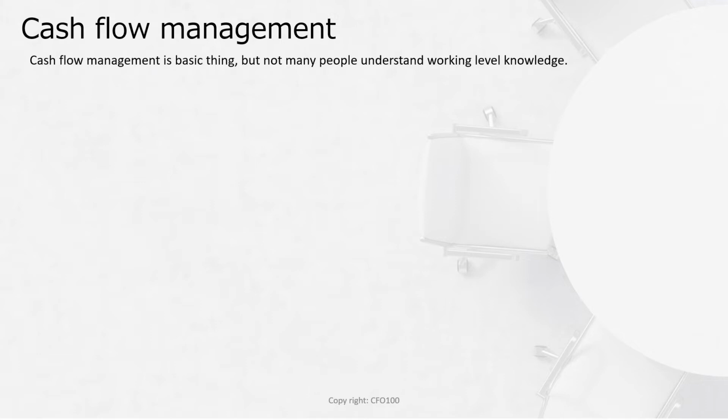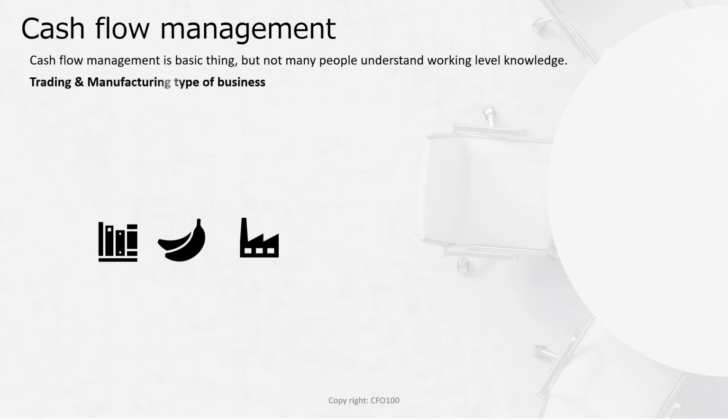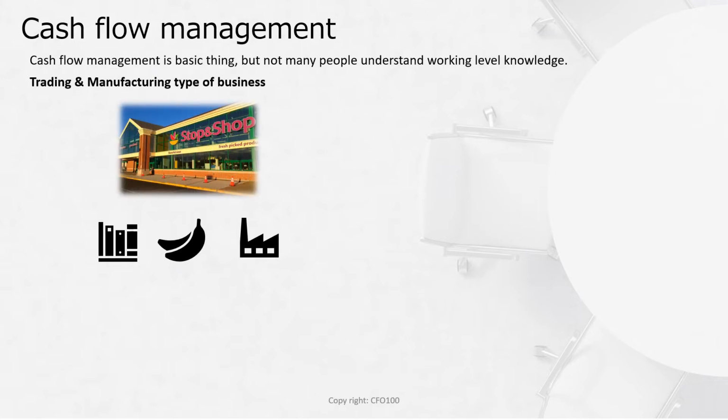Firstly, to understand proper cash management, you need to understand the nature of your business. If you are operating a bookstore, grocery store, or a manufacturing factory, we call it a trading and manufacturing type of business. On the other hand, there are different types of business.